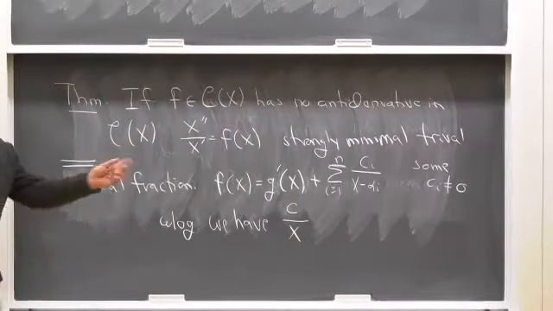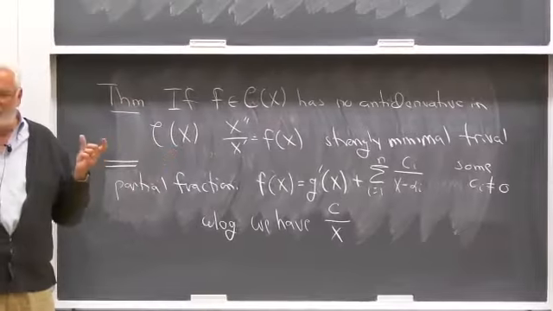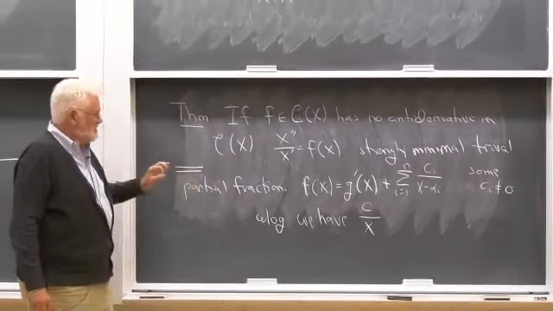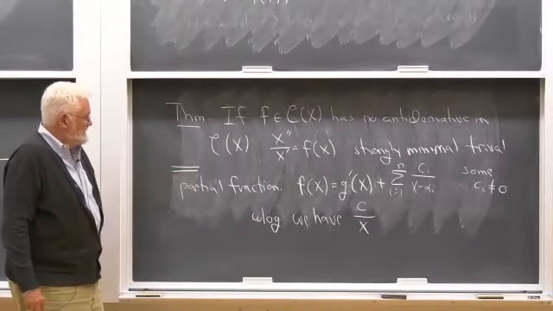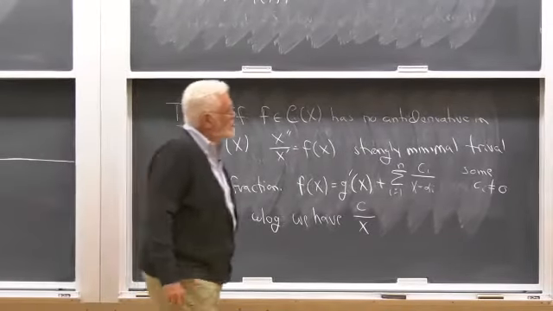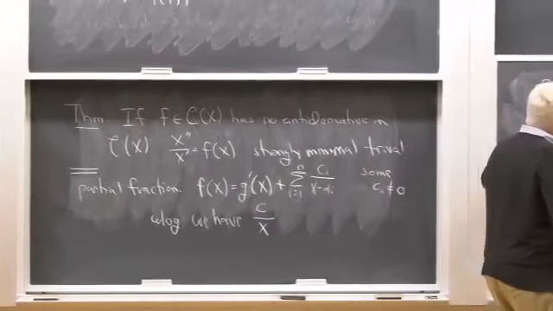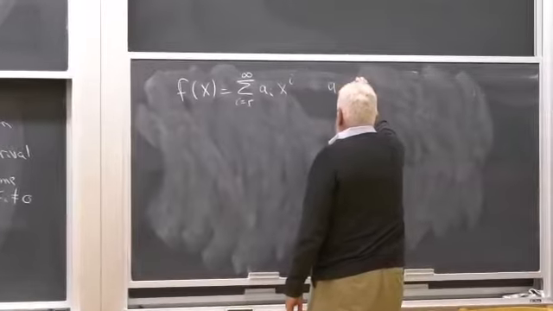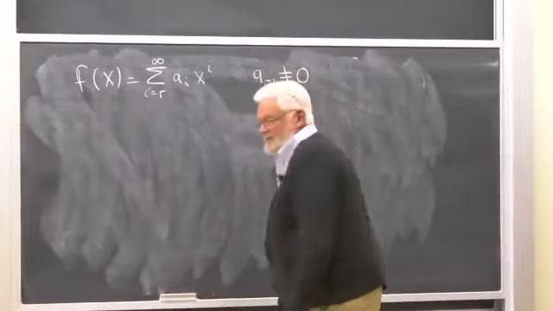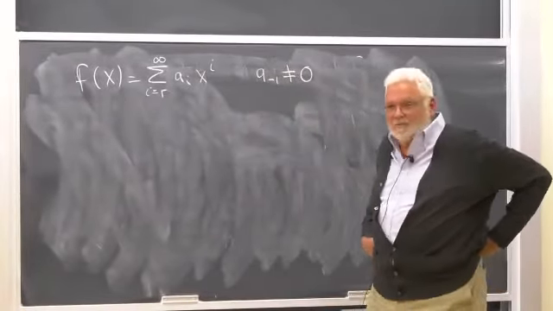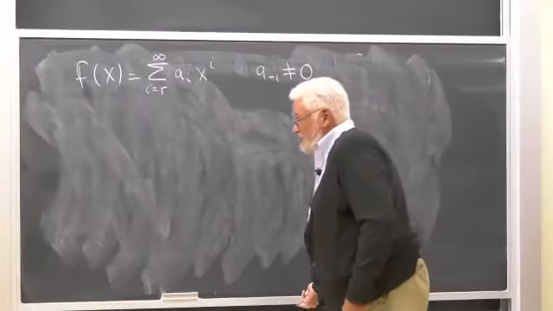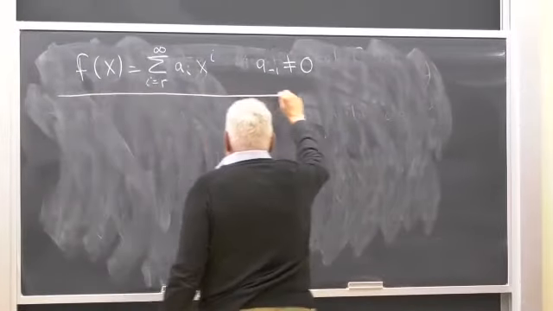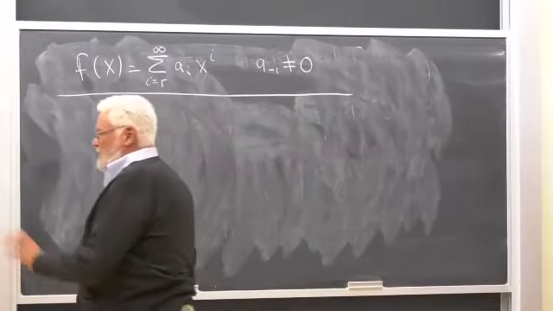I could, because the alpha i's are constant, do a change of variables x minus alpha i, and that will just change the problem to one where I have a pole at 0. And now if I write out the rational function, what this ends up telling me is that a minus 1 is not 0. So there's a residue. Okay, so that's what I know about x.